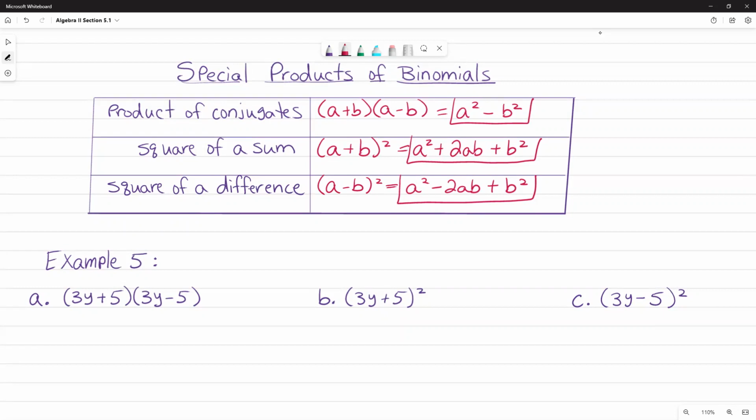So 3y plus 5 times 3y minus 5 means that we're going to rewrite that using which of these three: product of conjugates, square of a sum, or square of a difference? Product. Right, so this one is a product of conjugates.